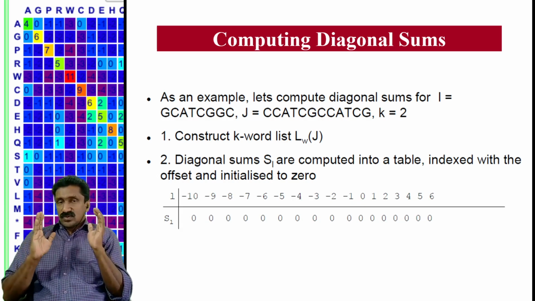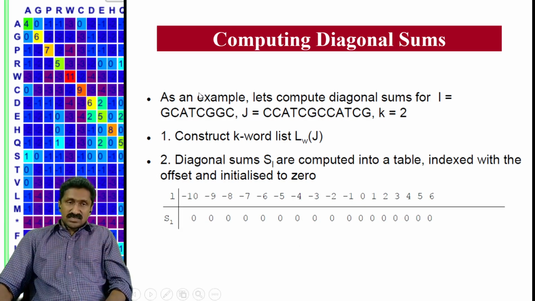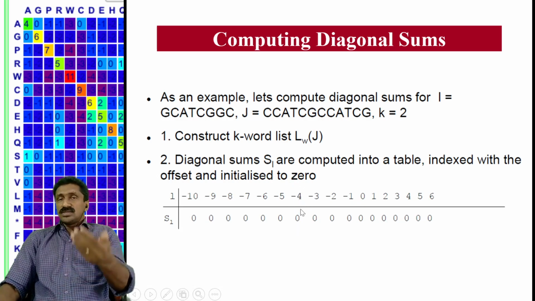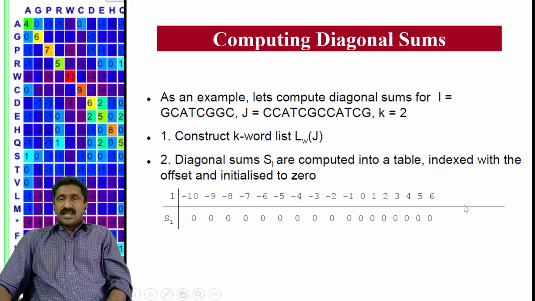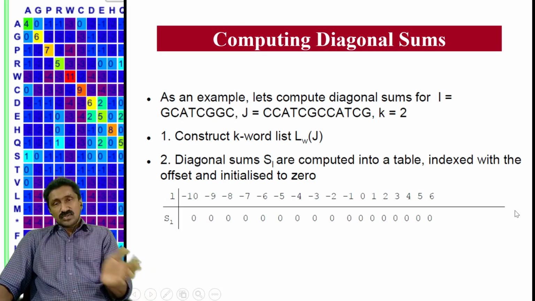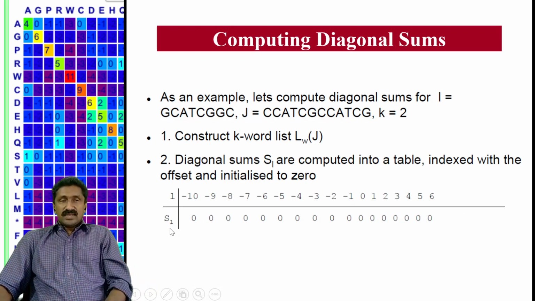Okay. So each position in this scale is assigned a particular diagonal, and the value of that diagonal will be calculated using these equations. So the initial step is to set a scale starting from the minus to the plus region and assign the sum value of each diagonal a 0.